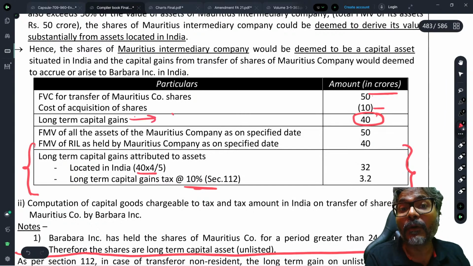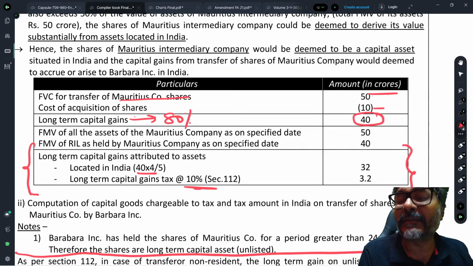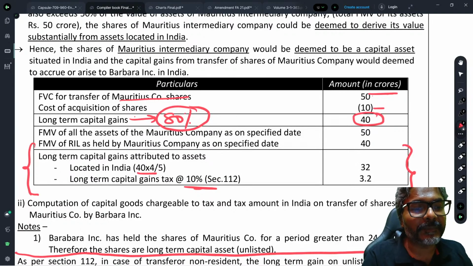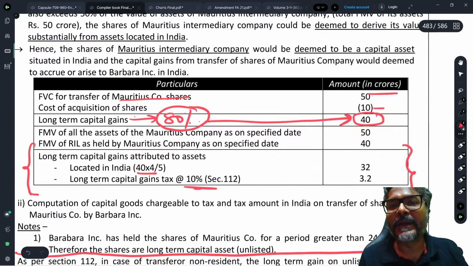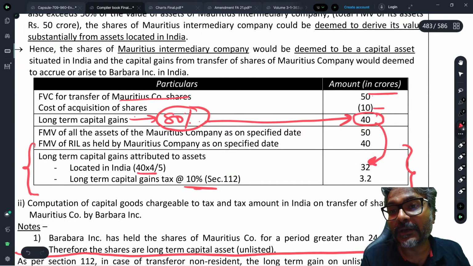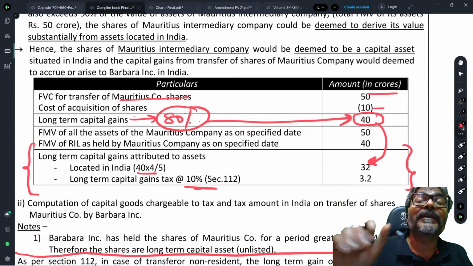But be careful, only 80% of the value of the shares of the foreign company is from the Mauritius company, that is, from the Indian asset. So obviously the capital gains to the extent of only 32 crores is deemed to accrue in India, because 20% of the value is from other assets, which is not an Indian asset.